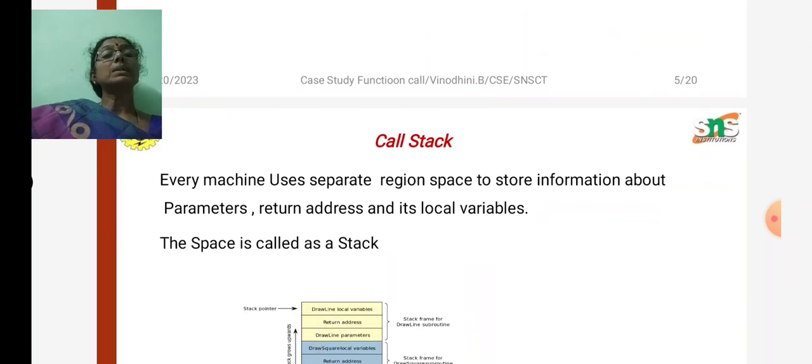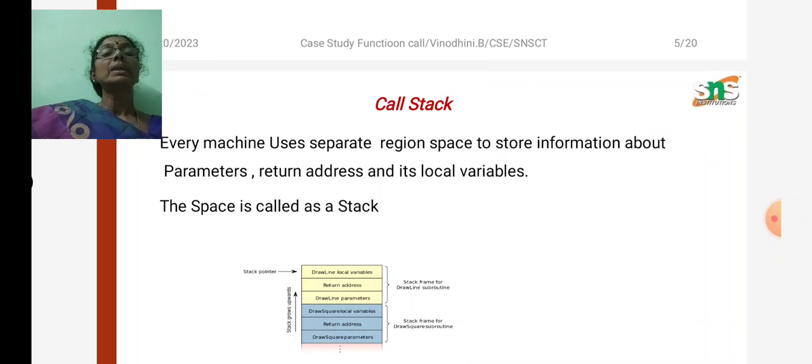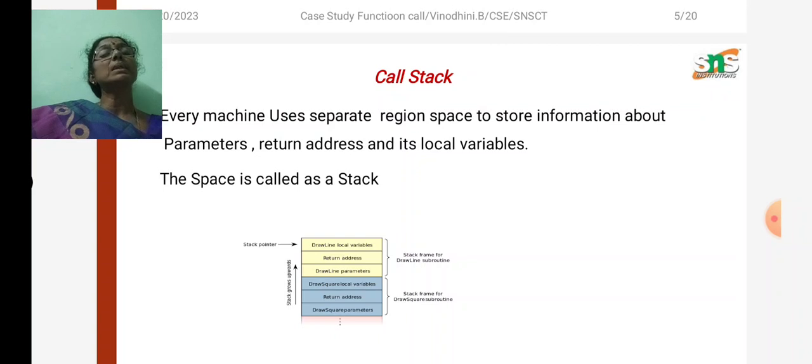For the intermediate storage, it uses one data structure called the call stack. Every machine uses a separate region of space to store the information about parameters, return address and local variables. This space is called a stack. The stack contains separate storage space that stores the information about the function's parameters, local variables and return address.